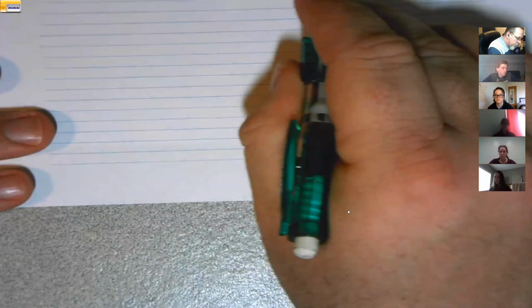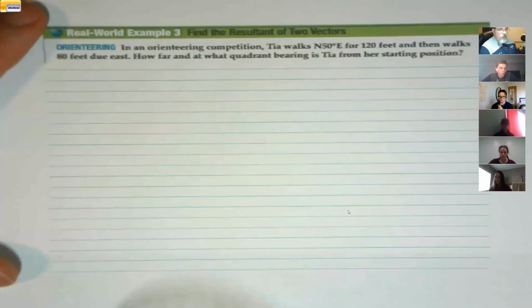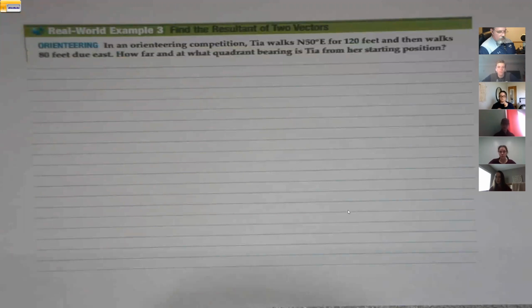I got 9 minutes. In an orienteering competition, Tia walks north 50 degrees east for 120 feet and then walks 80 feet due east. How far and at what quadrant bearing is Tia from her starting position? Now, if you have the equipment, this is going to be fairly straightforward.